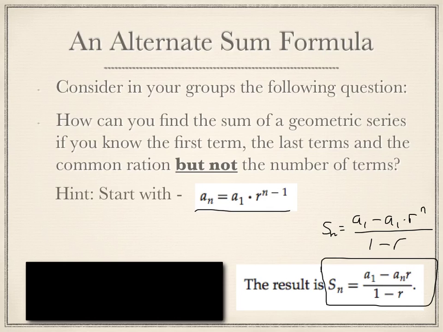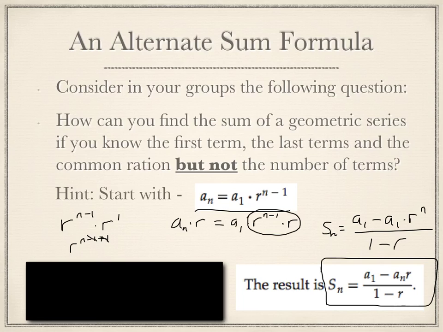How do I know that? Because if I start from this equation, and this is our nth term of a geometric sequence formula, if I go ahead and multiply both sides by r, what I get is a sub n times r equals a sub 1 times r to the n minus 1 times r. Okay, so what does this become? Well, r to the n minus 1 times r to the 1 becomes r to the n minus 1 plus 1 using our laws of exponents.